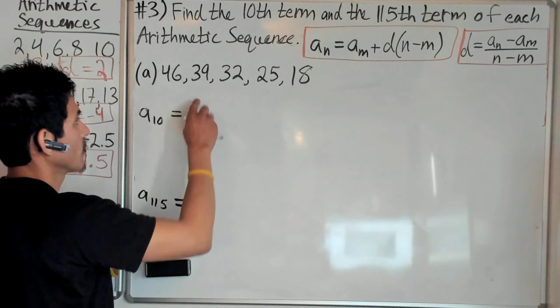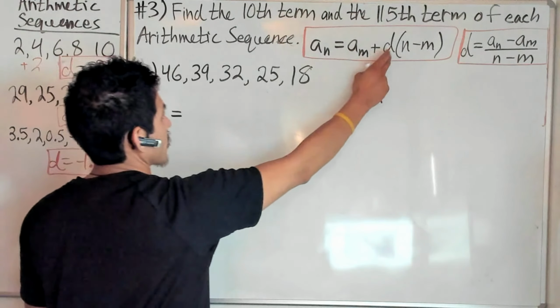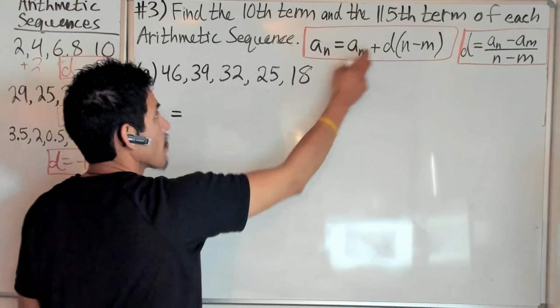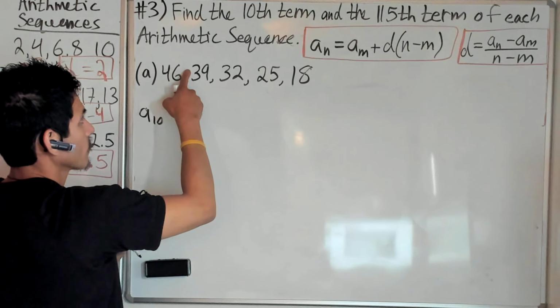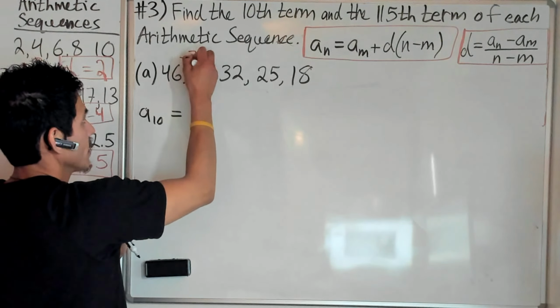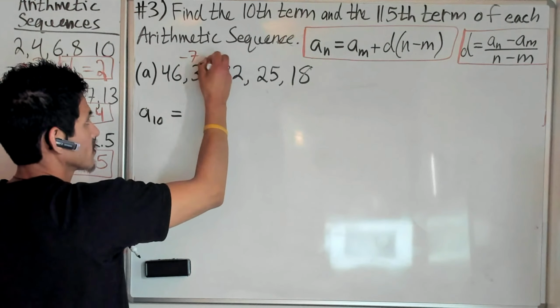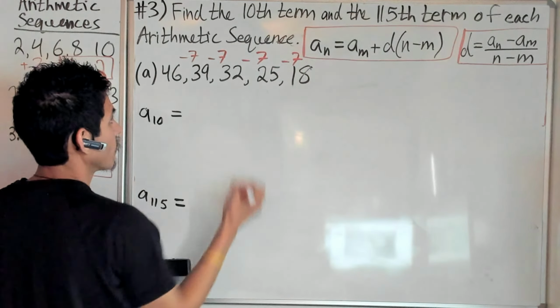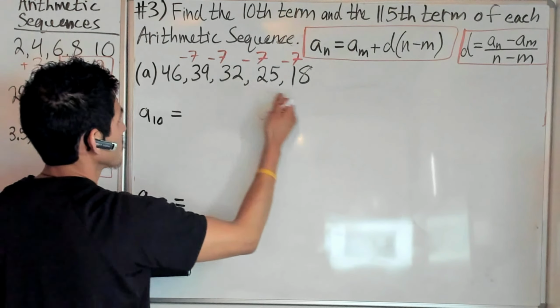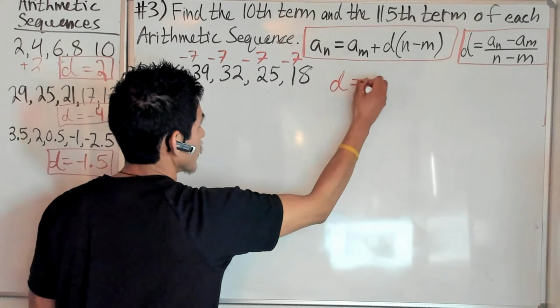The first thing I recommend is to figure out what the common difference is. You just have to look to see what you're adding each time. In this case, we're adding -7, or you can say we're going down by 7 each time. So our common difference is -7.